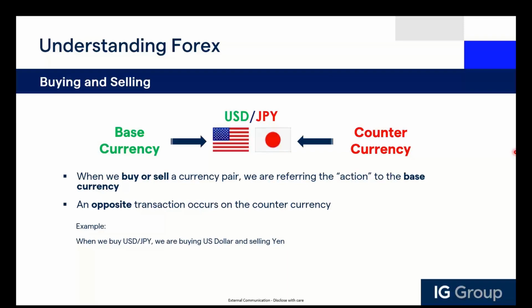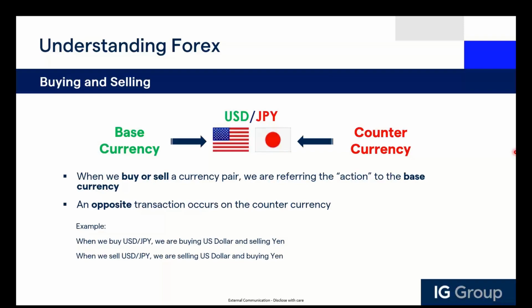One side will be buying one currency, and the other side will be the opposite action, which is to sell. So if you buy this pair, the action always refers to the front currency, the base currency, and the second currency in the pair will be the opposite action. Conversely, if we are shorting this pair, the dollar against the yen, what it actually means is that you are selling the US dollar and you are buying the Japanese yen.